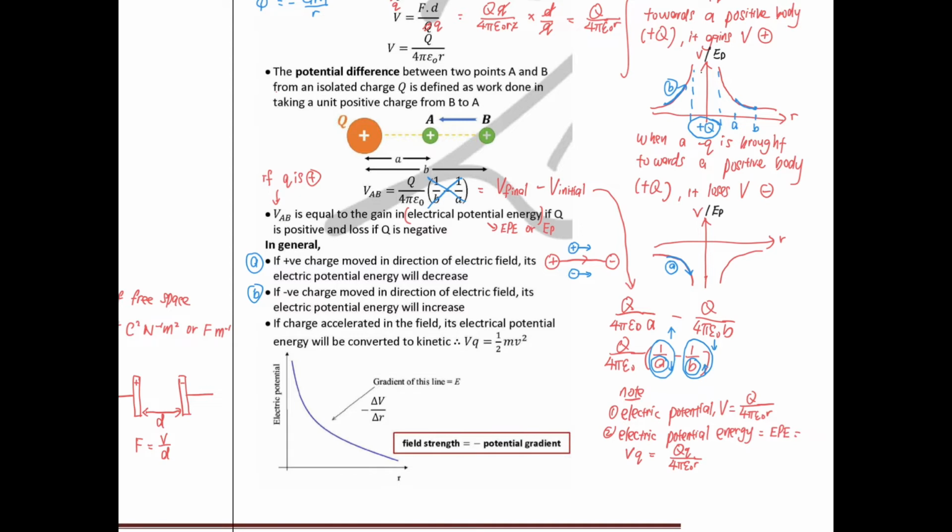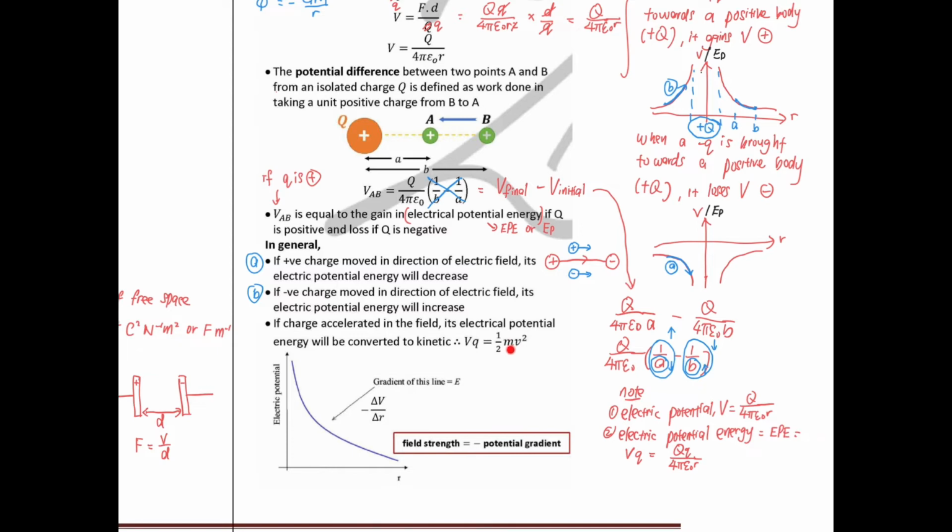Now next one, if a charge is accelerated in the field, its electric potential energy will be converted to kinetic energy. So electric potential energy is VQ. We have discussed it here. The electric potential energy is changed to kinetic energy, that is half mv squared.